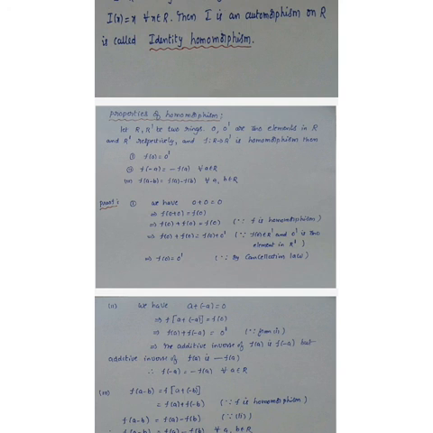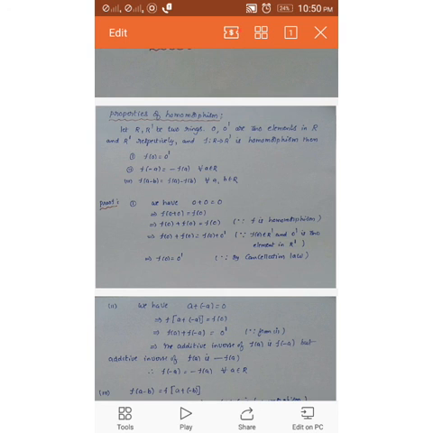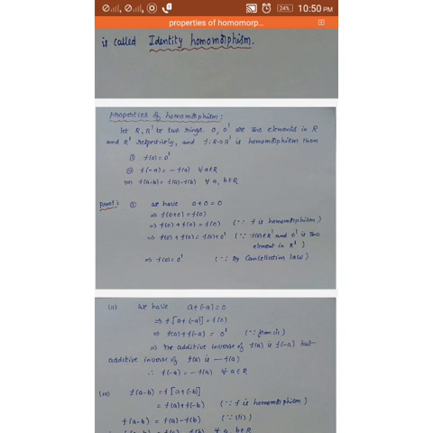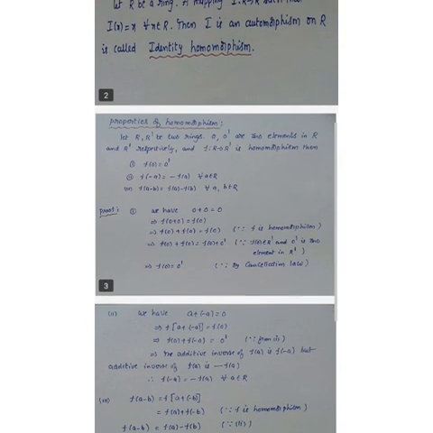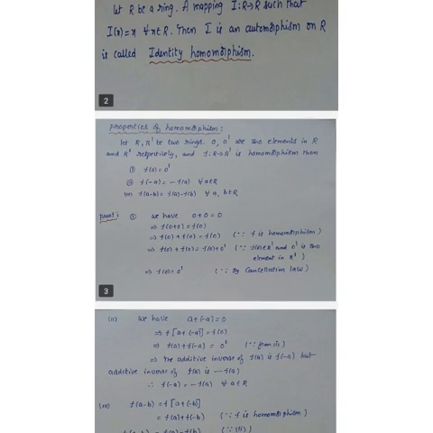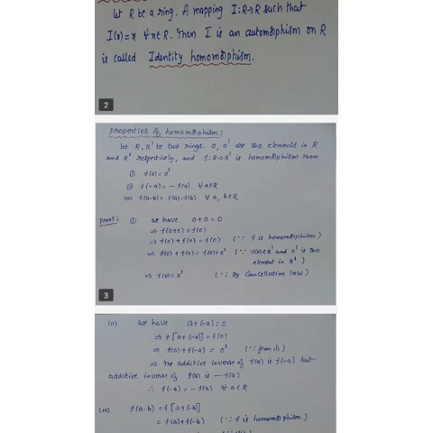Then first, f(0) = 0'; second, f(-a) = -f(a) for all a belongs to R; third, f(a - b) = f(a) - f(b) for all a, b belongs to R. So we have to prove these three conditions. The hypothesis is: let R, R' be two rings, 0 and 0' the zero elements in R and R', and f a homomorphism from R to R'. Taking all these hypotheses, we have to show the three conditions.